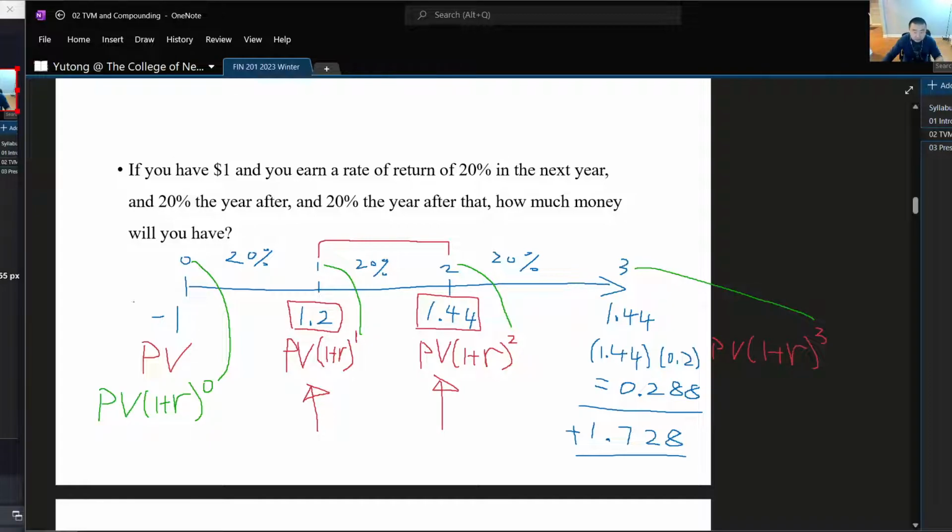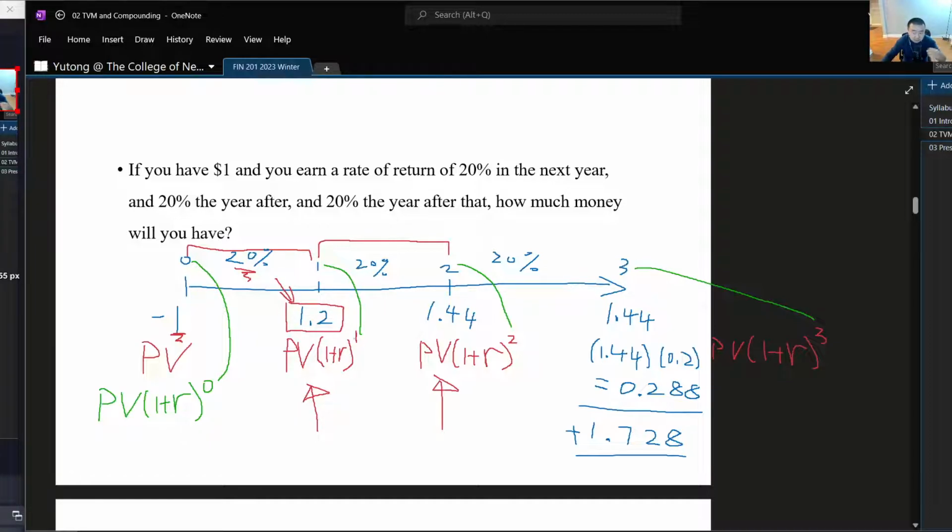We are not using the principal of $1, which is our true principal. So as the periods go by, for every period we move on, we are counting the interest we earned from the previous period as the principal for the upcoming period. In the first period, from time 0 to time 1, we have a principal of $1, right? That's here, and we have an interest of 20 cents, right? So in total, we have 1.2.